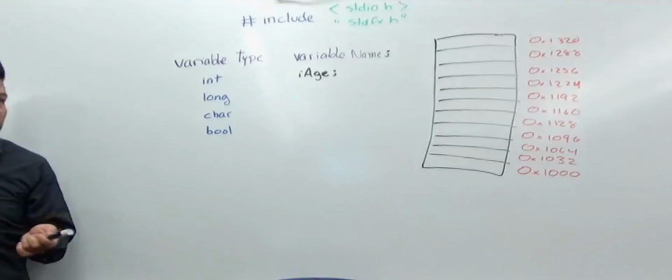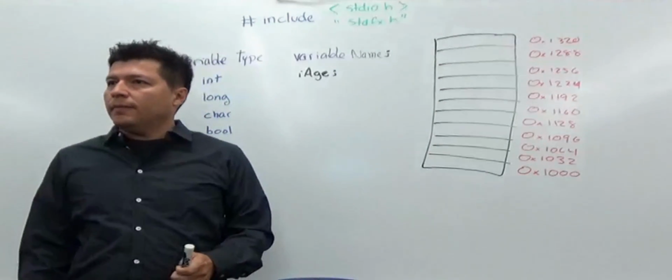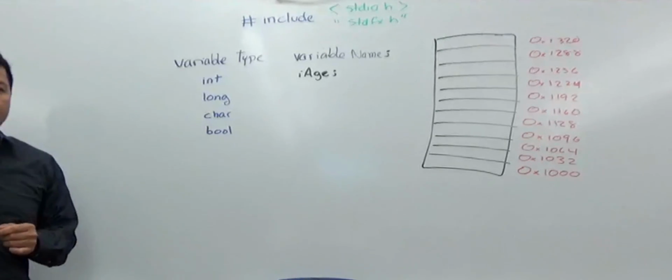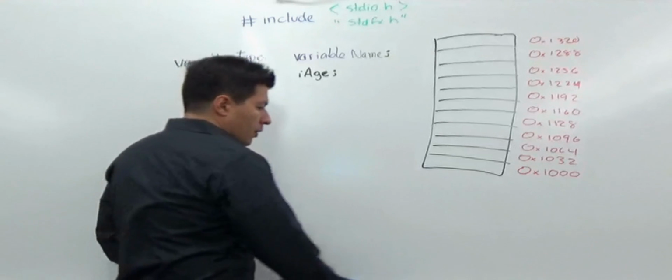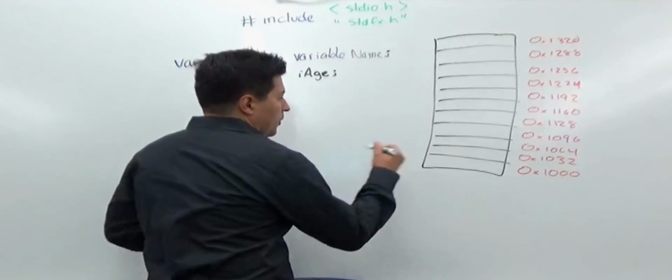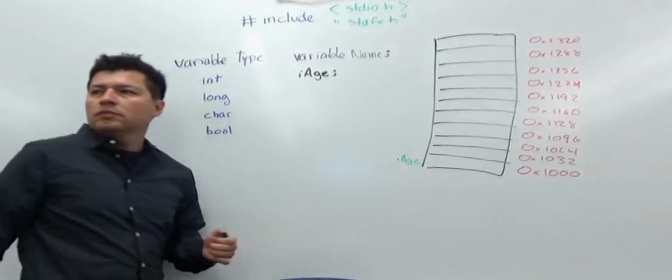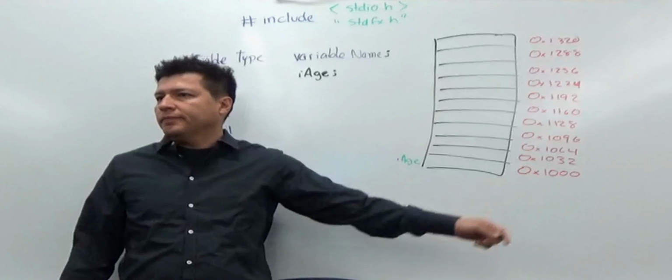It's 32 bits. It's going to go find the next chunk of memory that will fit this variable. So it'll say, oh, you need an int, so we're going to put iAge here. So basically iAge goes in address 1000.